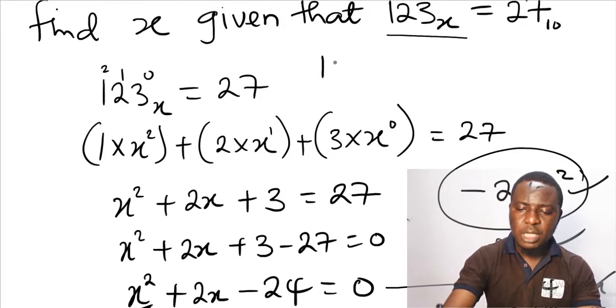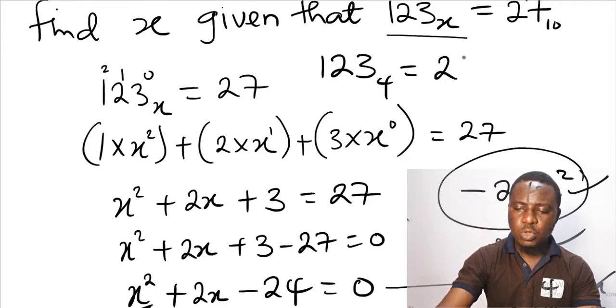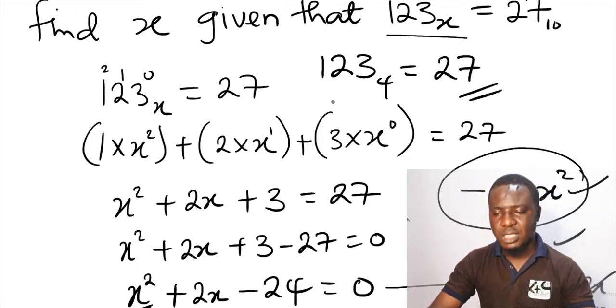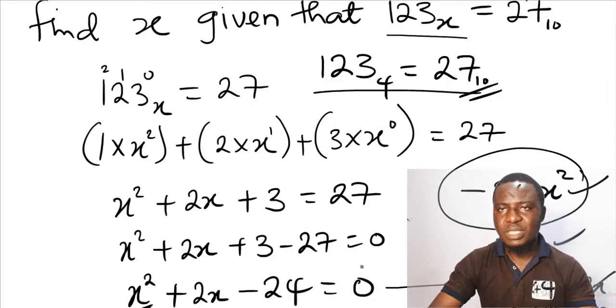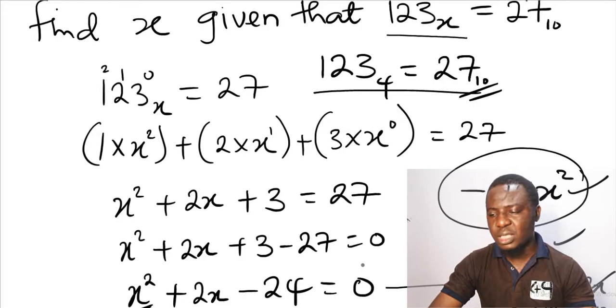That means that it is only in base 4 that 1, 2, 3 is equal to 27. And if you check, you discover that it is correct, by either converting 27 base 10 to base 4, or converting 1 2 3 in base 4 to base 10, and that gives you your answer.